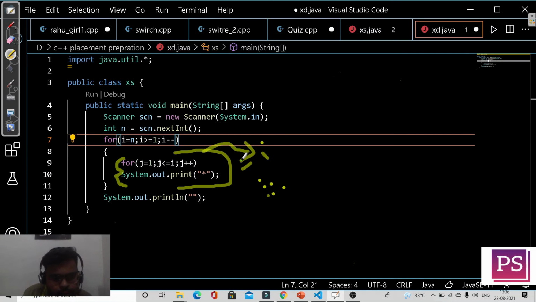So I was talking about abstraction. In abstraction, we only focus on a particular layer. Even in this program, I am saying that focus on this loop and assume that this loop will run correctly by its own.